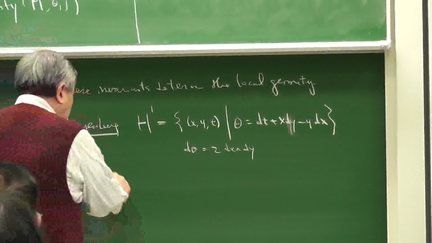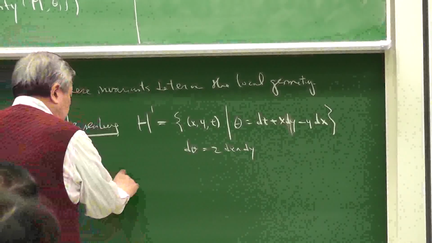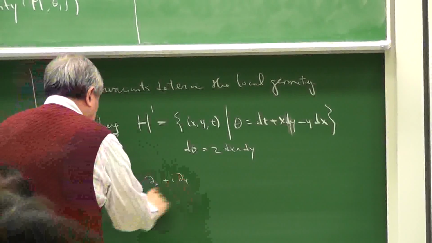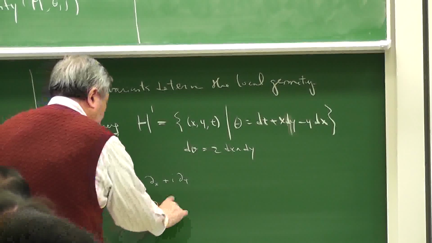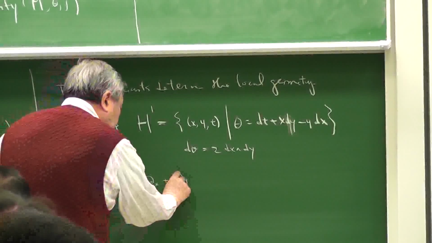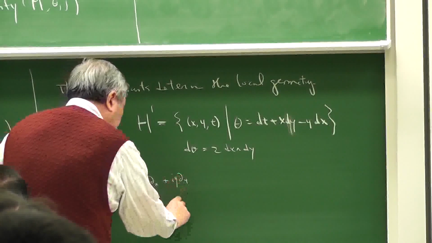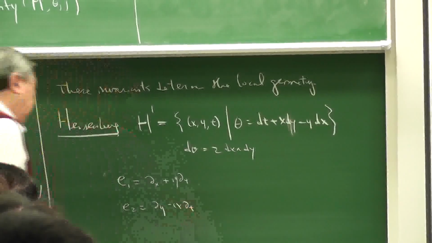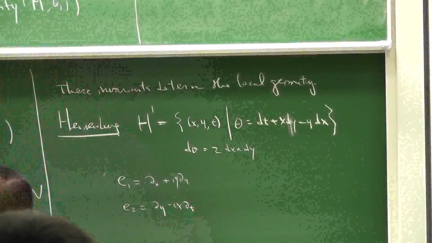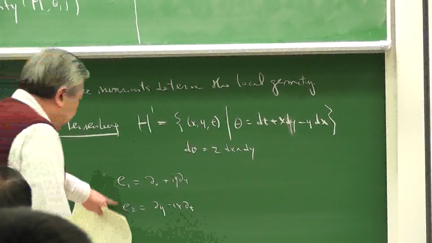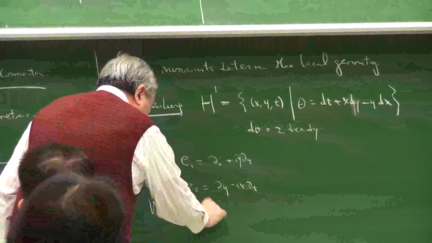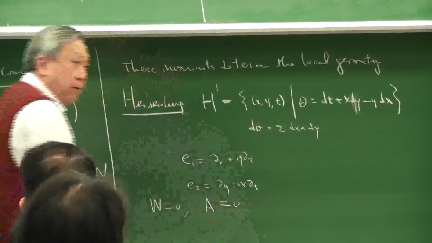So now you take the E1 vector field partial x plus y partial t, E2 partial y. Then you can check that this is a framing satisfying these conditions. And you can check that for this model, the Webster curvature is 0 and the torsion is 0. So this is what we call the flat model.